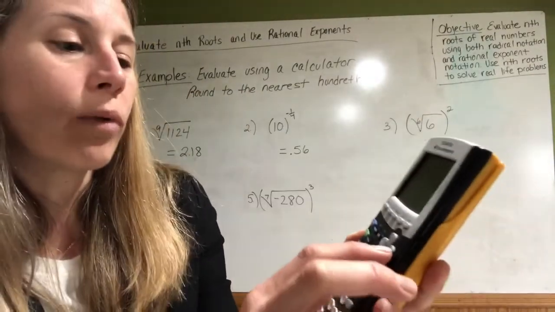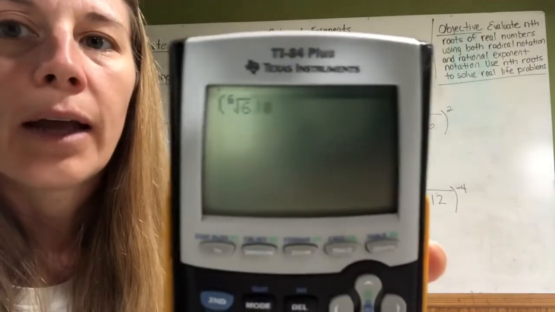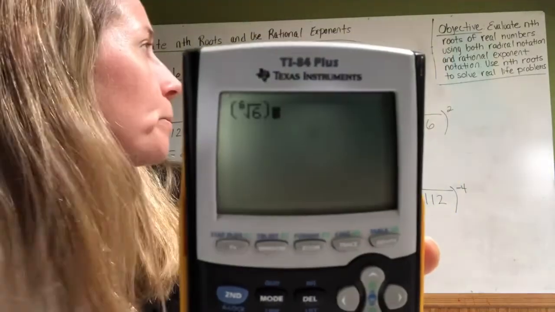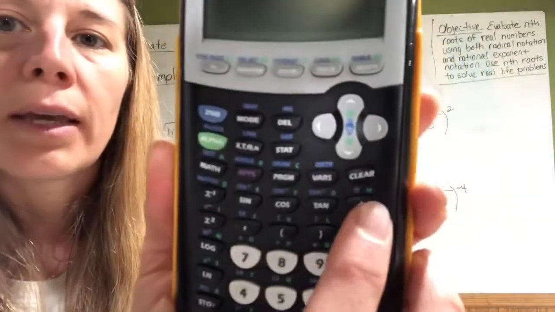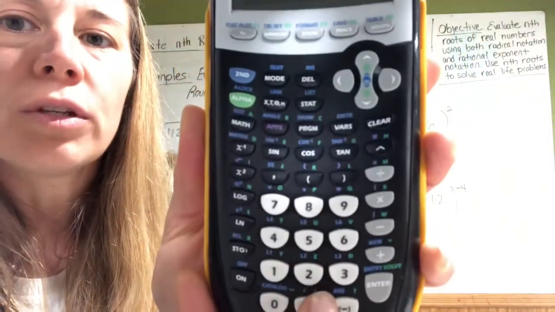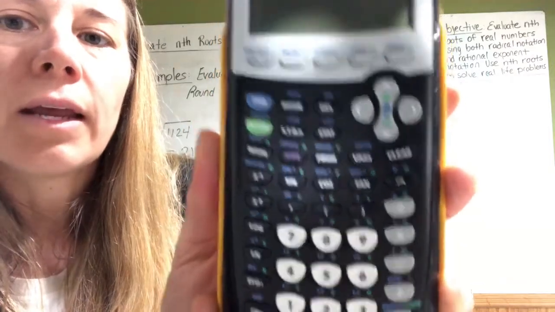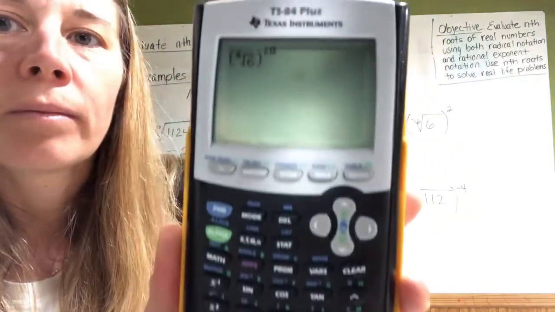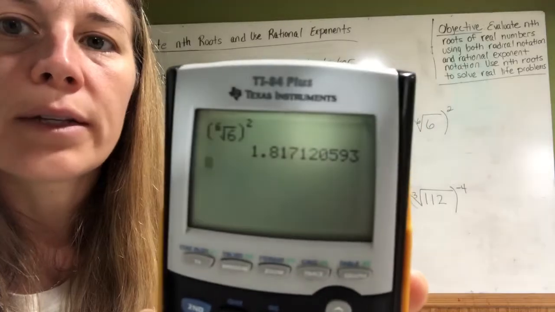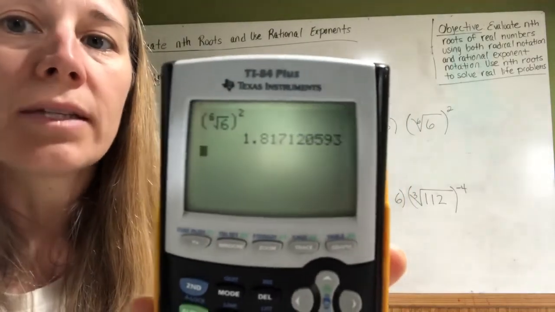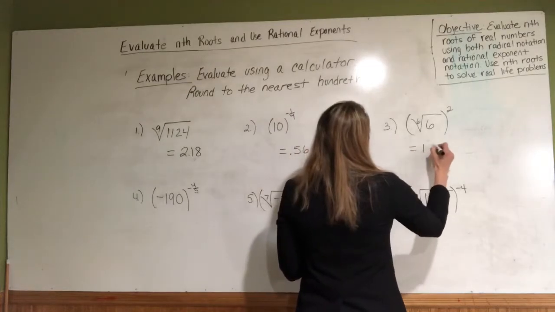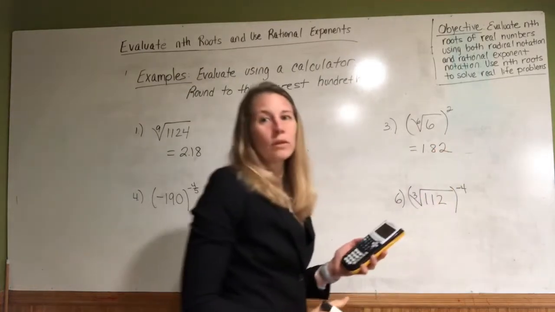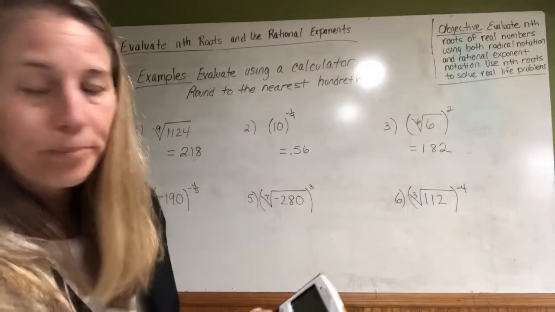You might need to hit the right arrow to get out of there, and then close that parenthesis like so. And then you want to raise it to 2, so you can hit that little caret key right there with the 2, and then hit enter. And you get your answer there, 1.817, which would round to 1.82 if we're doing this to the nearest hundredths place.